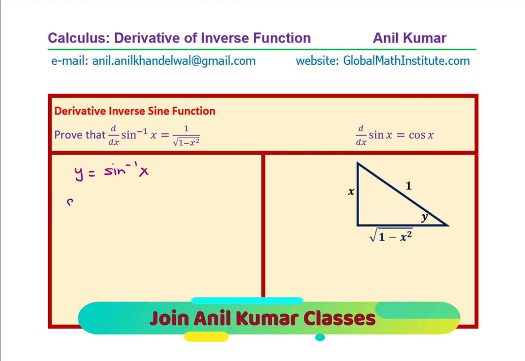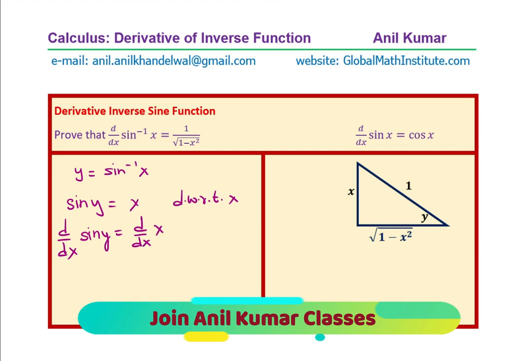That really means that sine y is equal to x. Now, if I differentiate with respect to x on both sides, I get d/dx of sine y equals d/dx of x.